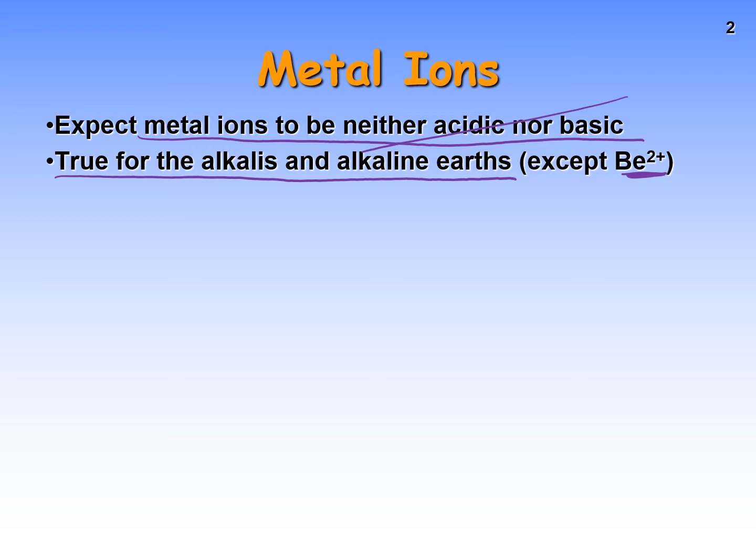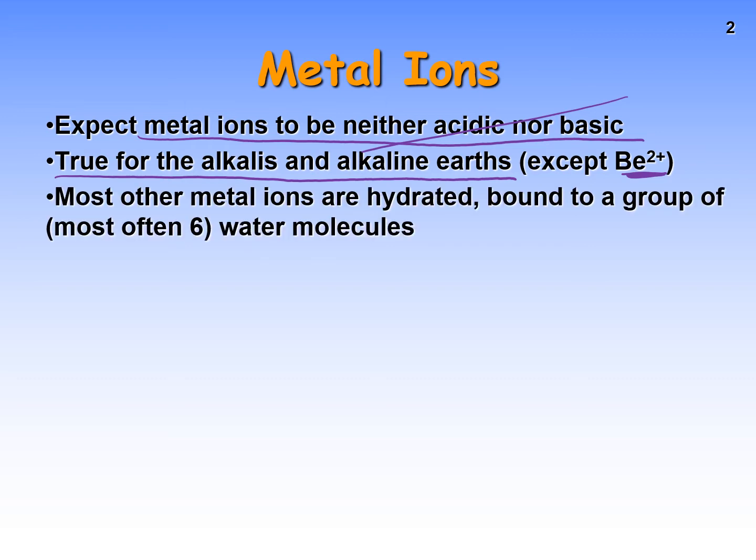They do not actually change the pH of the solution. However, if we have any other metal ion present in our ionic compound other than one of the metal ions in the first two columns of the periodic table, then it's going to be an acidic metal ion, meaning it will act as an acid.